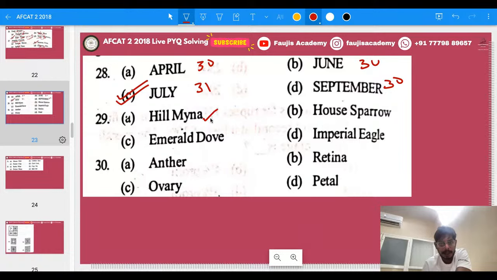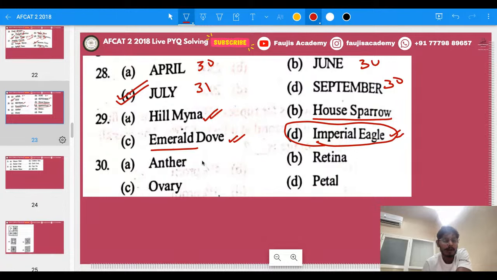Hill myna, emerald dove, imperial eagle, house sparrow. See, there are two ways of classification. One way you can say that the eagle is carnivorous, maybe a big, bulky bird, so it is an odd one out in that way.